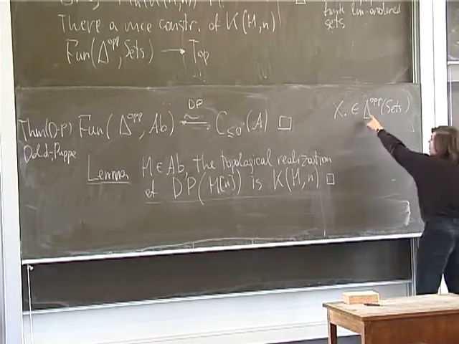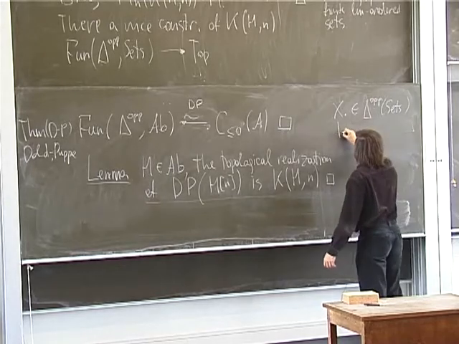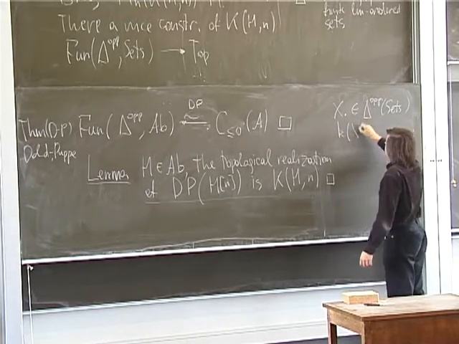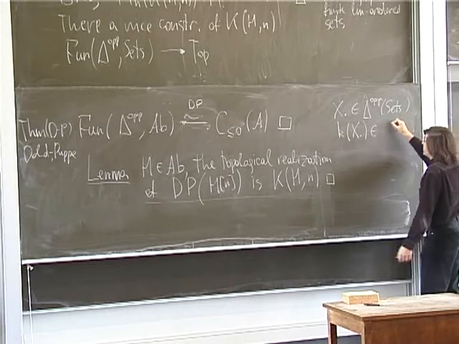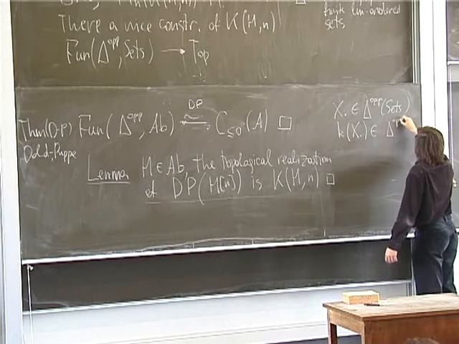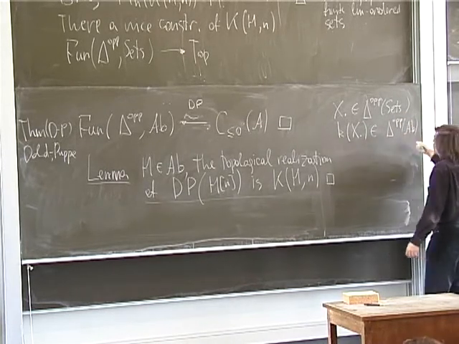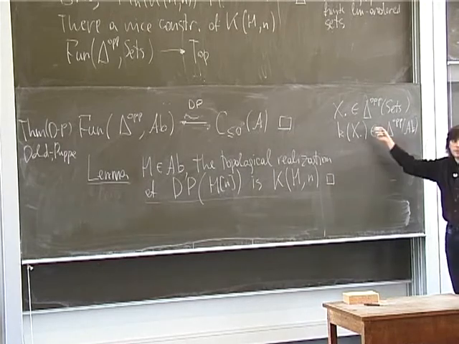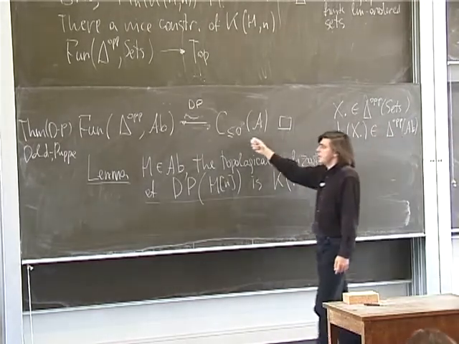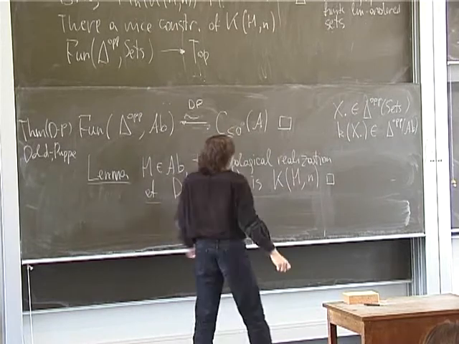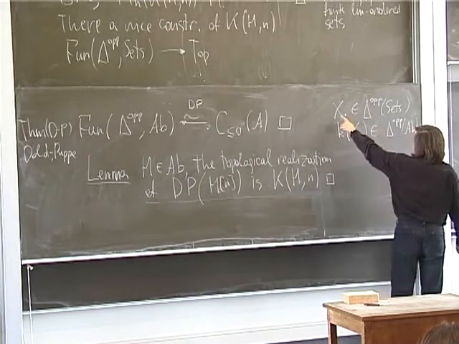Then to compute this homology, you do the following. You just consider the free abelian group generated by X, which is now a simplicial abelian group. And then if you take the corresponding complex, corresponding, for instance, in the sense of this equivalence, then this complex computes you the homology of X.